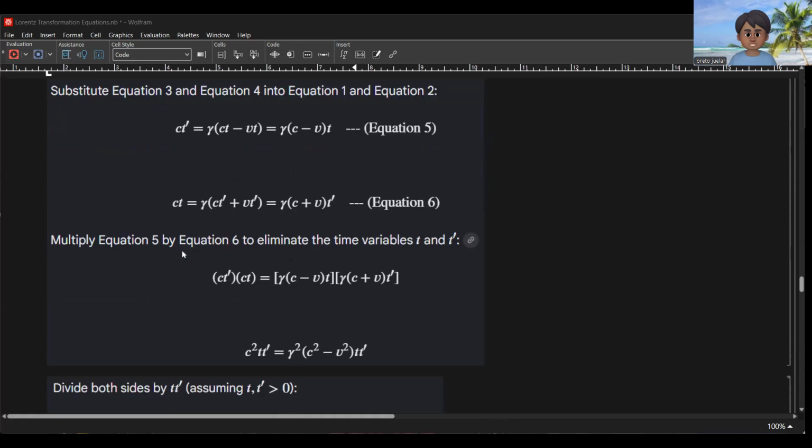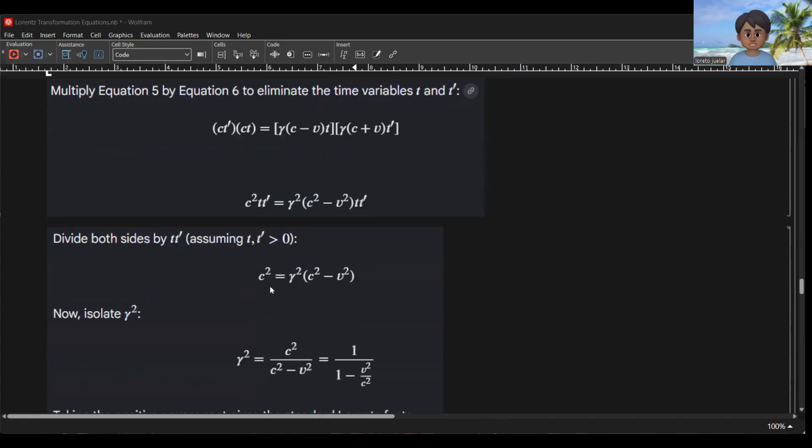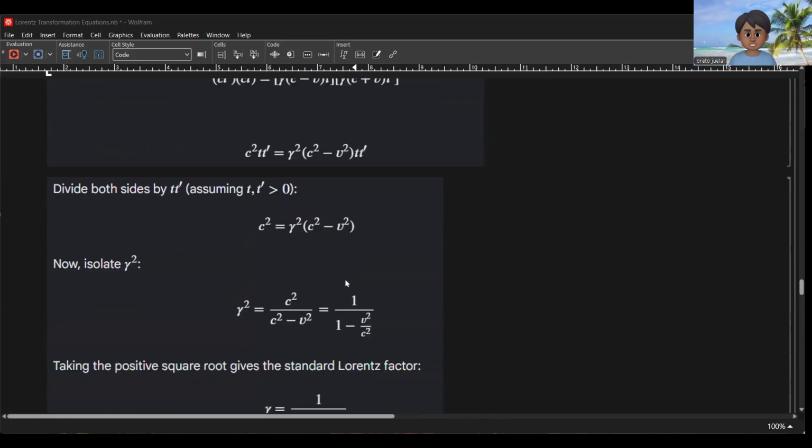Then multiply equation 5 by equation 6 here to eliminate the time variables t and t prime. So we multiply both sides here. This is the left side and we have the right side here. And divide both sides by t prime. So we have c squared equal to Lorentz factor squared times c squared minus v squared.